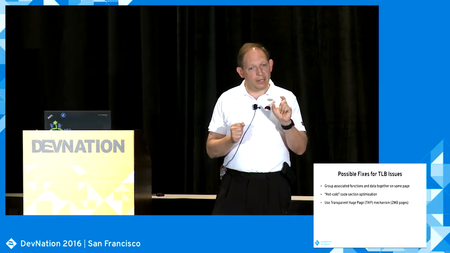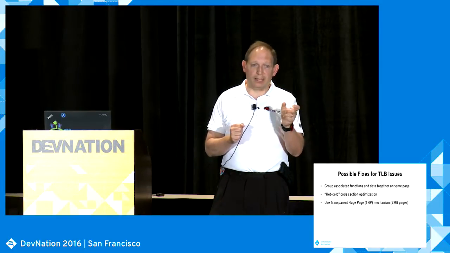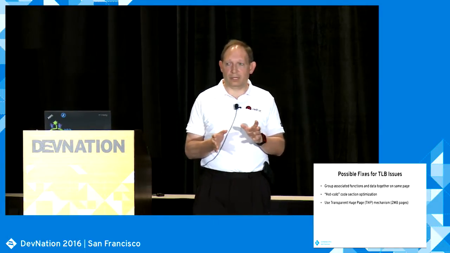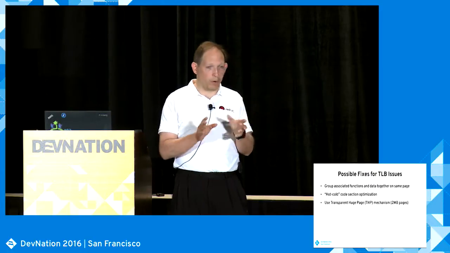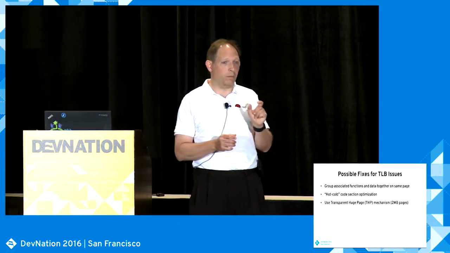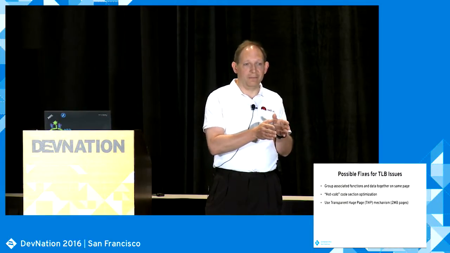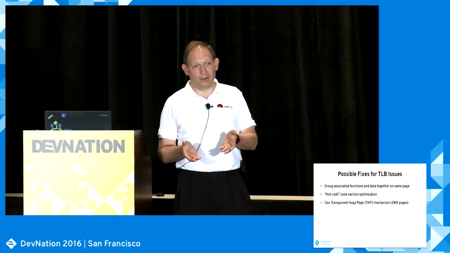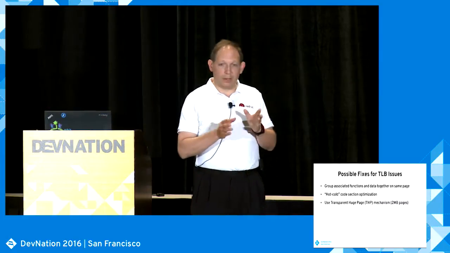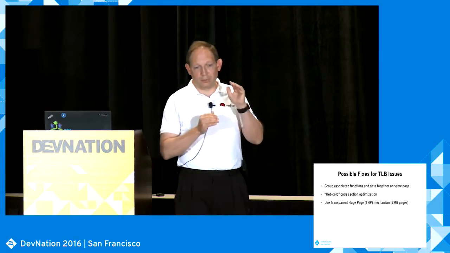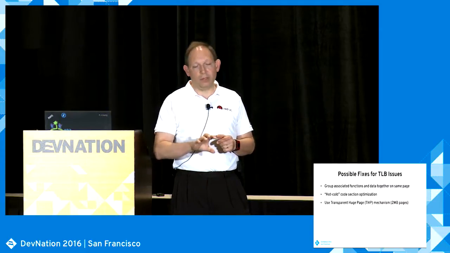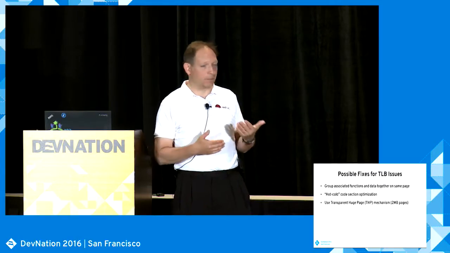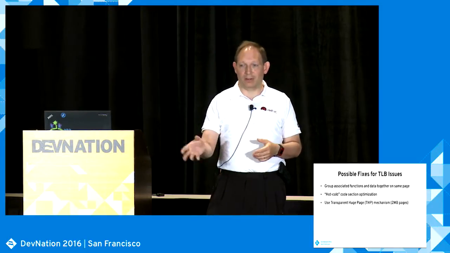You can indicate whether a condition is likely or unlikely. If you take a look at the Linux kernel, they have these macros, unlikely and likely. You could borrow those definitions in your own code and mark things as likely, or, for example, an error handler as unlikely. Then the compiler can arrange the code so the most likely path is the straight through path, and code that is unlikely to run is somewhere else out of the way so that it doesn't take up space on that page. I put useful code on there rather than code that I almost never run.